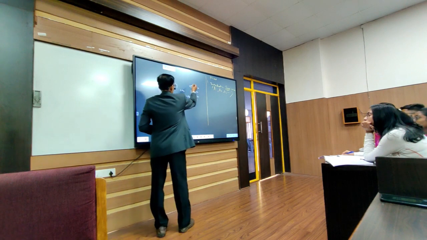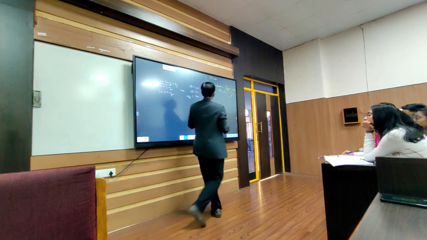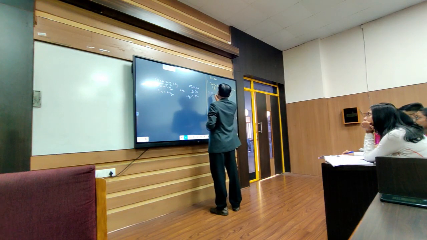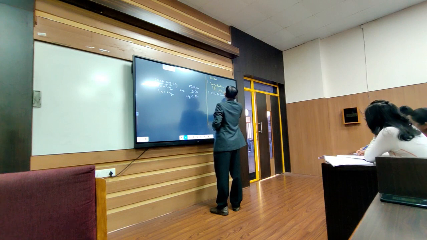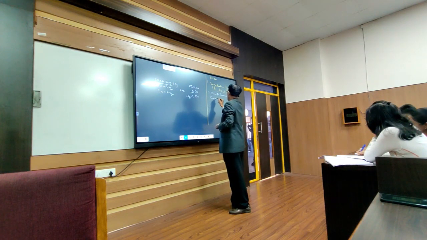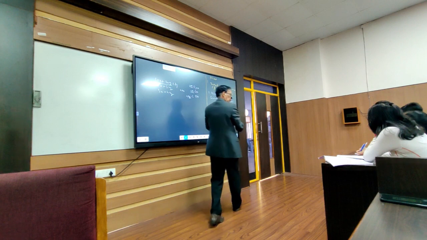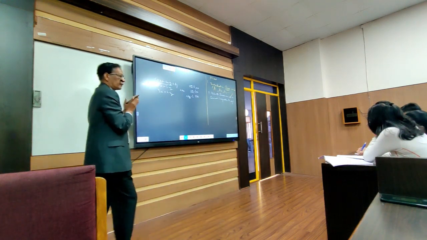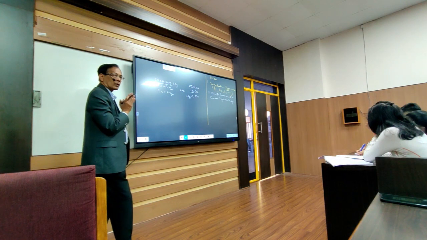Now I want to convert the inequations to equations. So the role of the slack variable is to convert the inequations to equations.